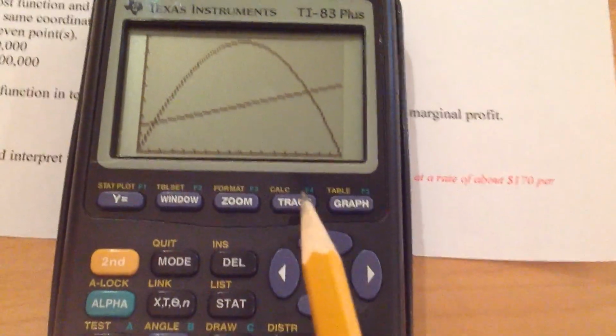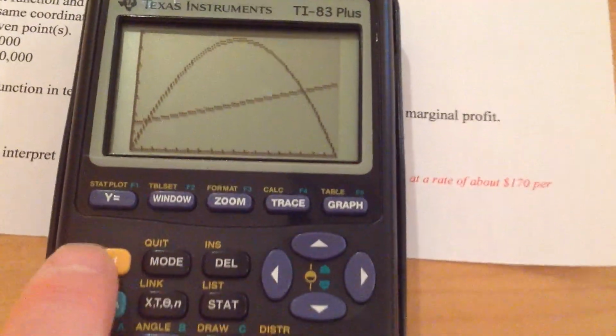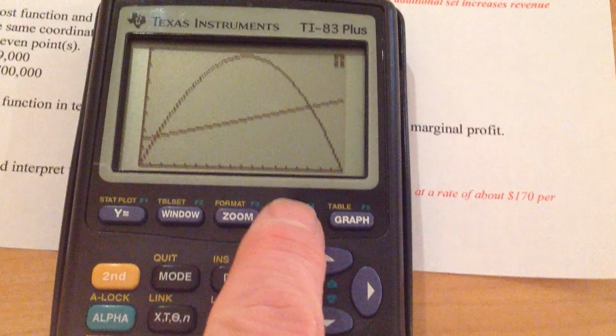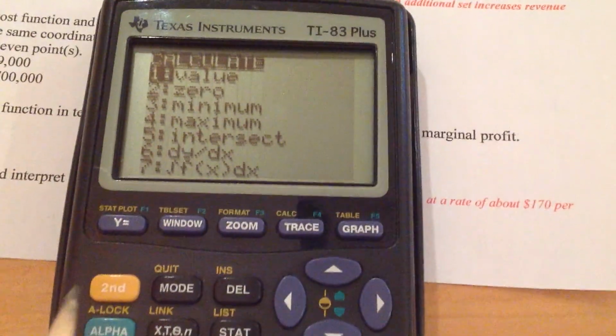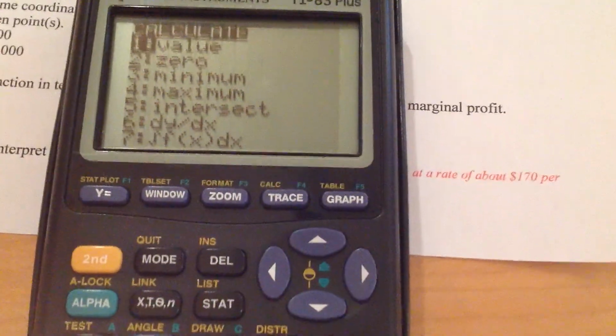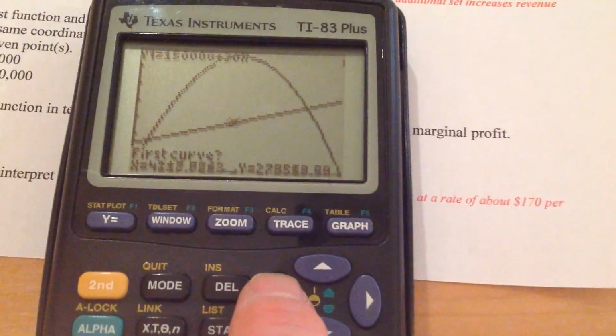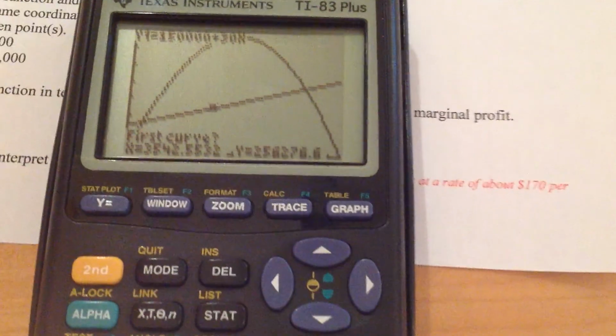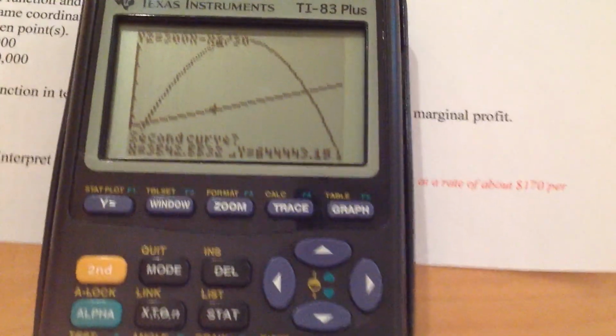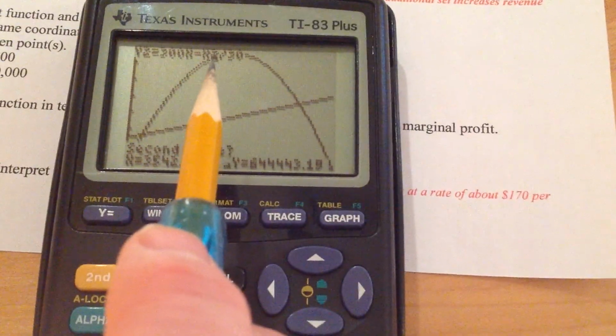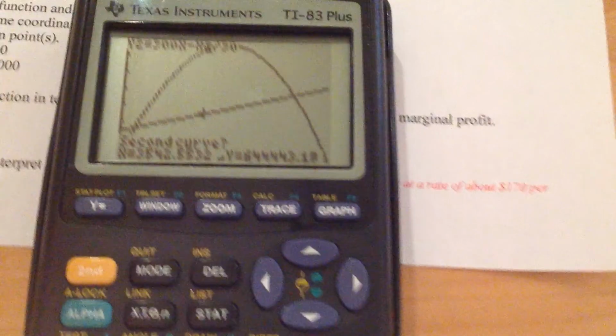So to find those, you need to hit the second trace button, and you're going to find the intersection, number 5. It's got two curves, so it's just asking you to make sure you're on the first curve. It doesn't really matter where you are, just hit enter. Then you'll notice it's now up here and it says, is this the second curve?